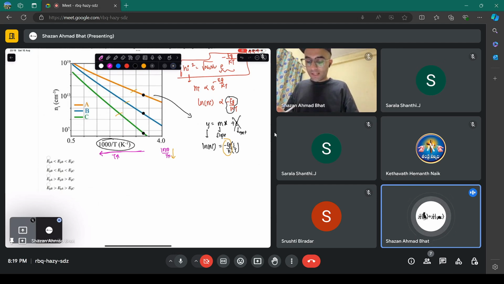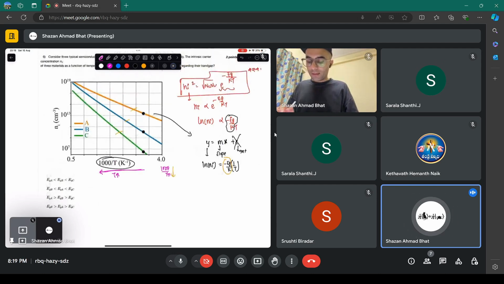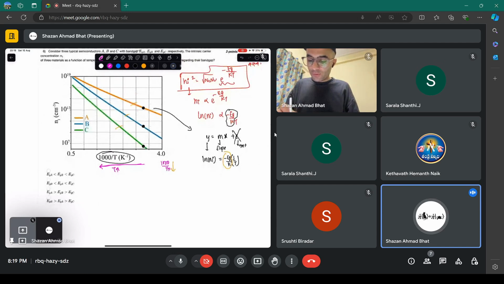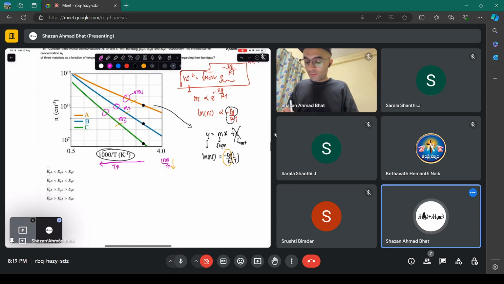So if you go on increasing the temperature, what is happening to the slopes of these? Let's say this is slope 1, this is slope 2, this is slope 3. You see that the slope of 3 is greater than slope of 2, which is greater than slope of 1. And the slope is actually this particular factor here, the band gap.